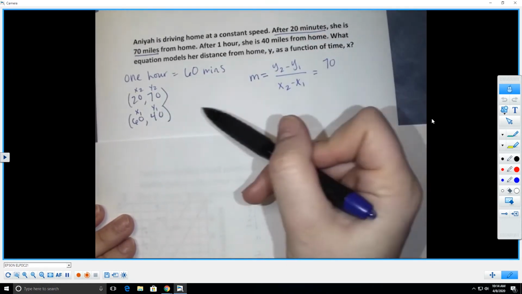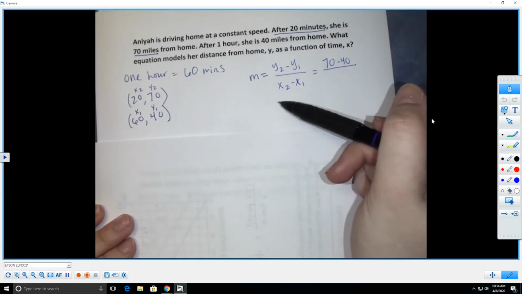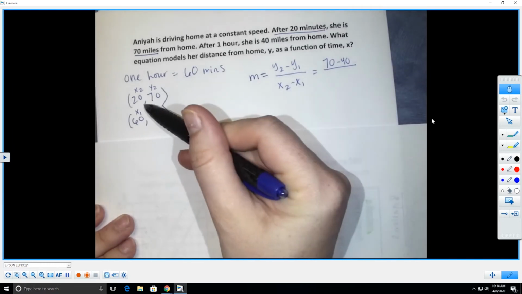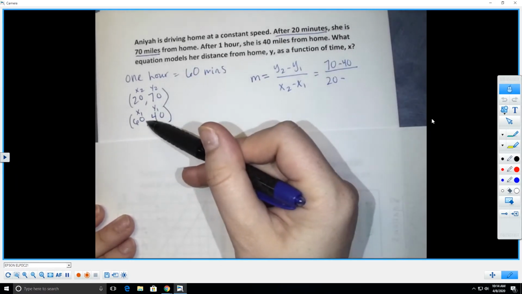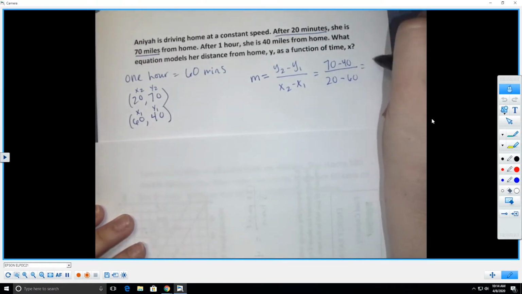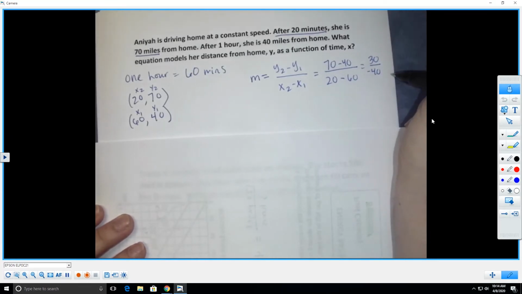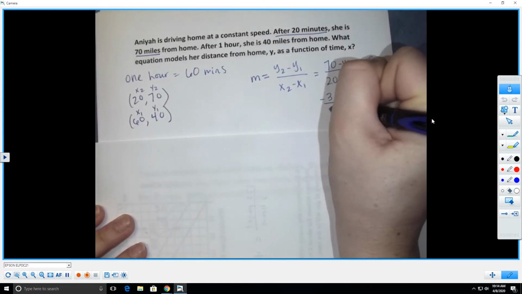For y1, I'm going to plug in 40. For x2, I'm going to plug in 20. And for x1, I'm going to plug in 60. So that simplifies to 30 over -40, which simplifies to -3/4.